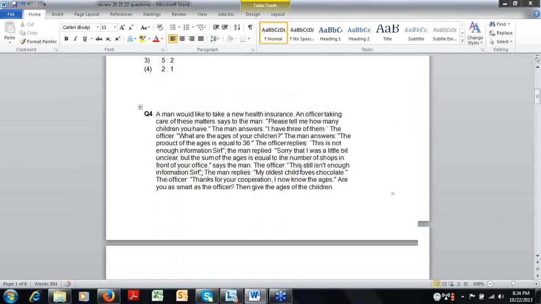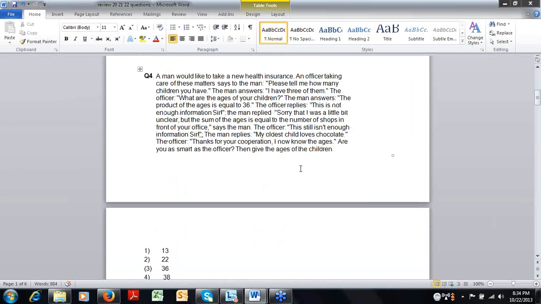Question number 4 is: a man would like to take a new health insurance. An officer takes care of the matters and says to the man, please tell me how many children do you have? The man answers, I have 3 of them. The officer: what are the ages of your children? The man answers, the product of their ages is equal to 36. The officer replies, this is not enough information, sir.